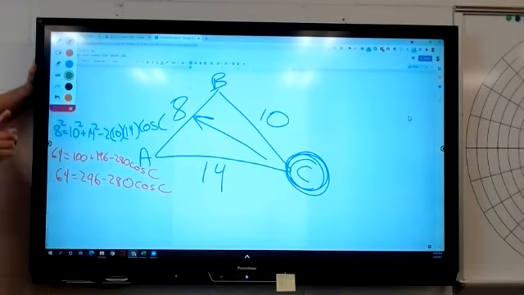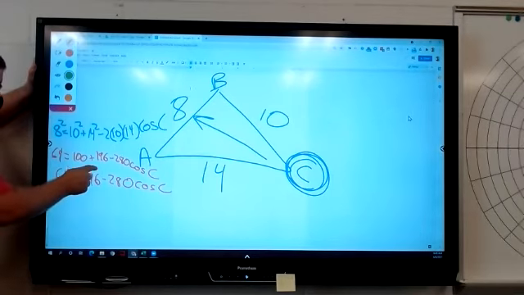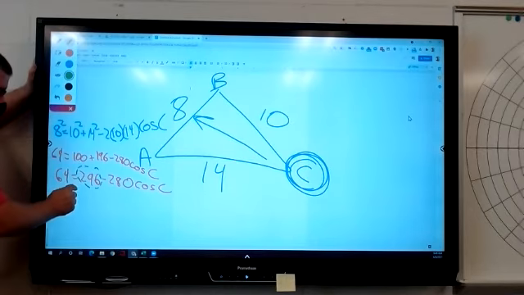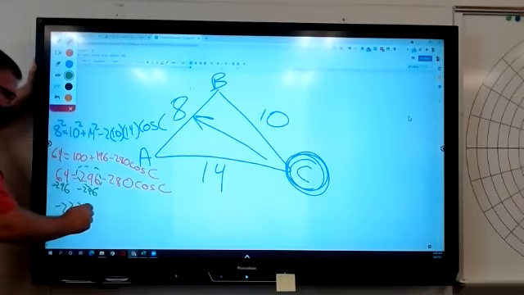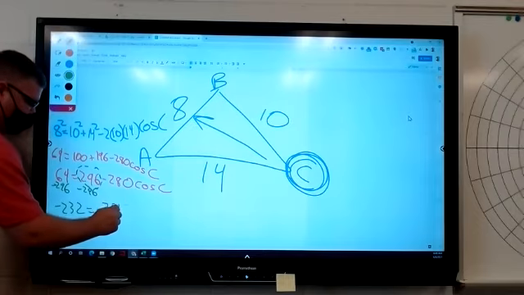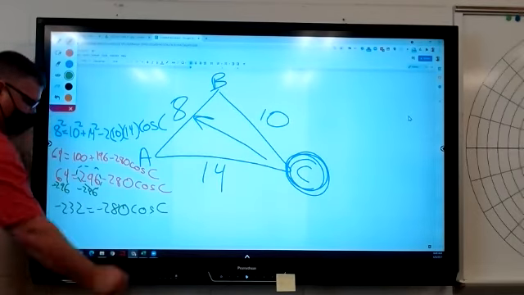Can I get rid of the 296? There you go, minus 296. What is 64 minus 296? Negative 232 equals negative 280 cosine C.